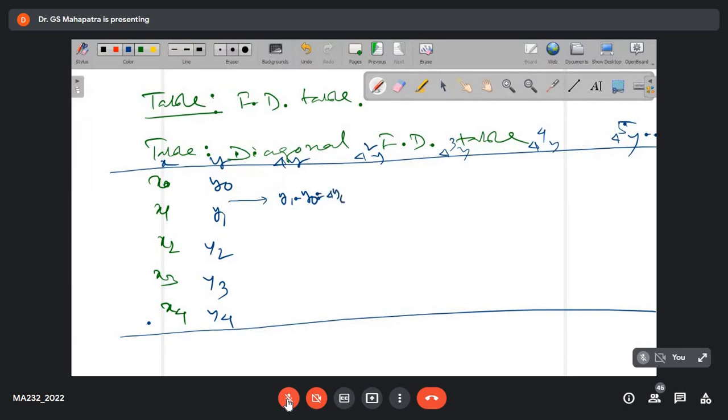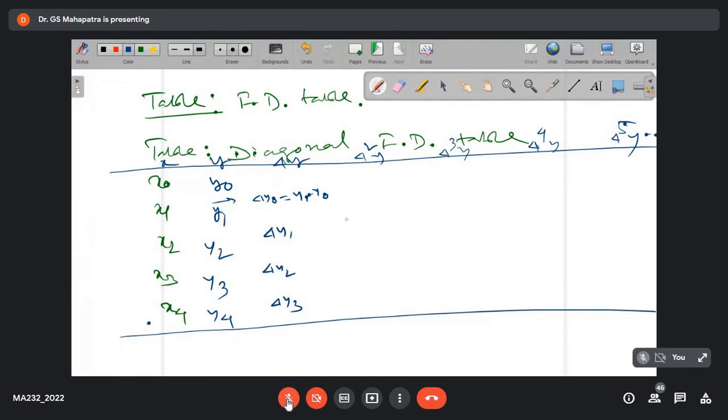So I will write once again: in between, in the middle, del of y0 equals y1 minus y0. Here it is del of y1, del of y2, del of y3. You know the formula: y2 minus y1 and so on.